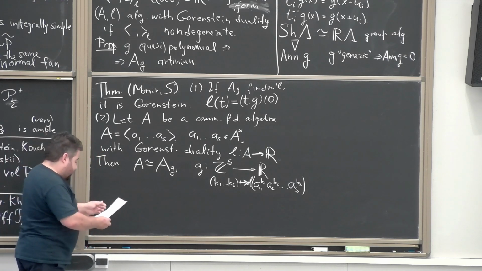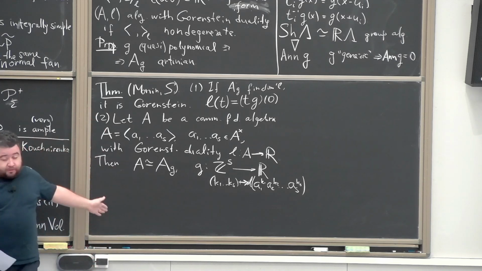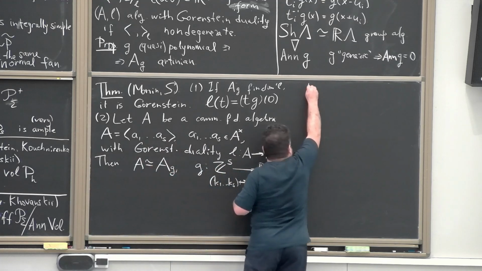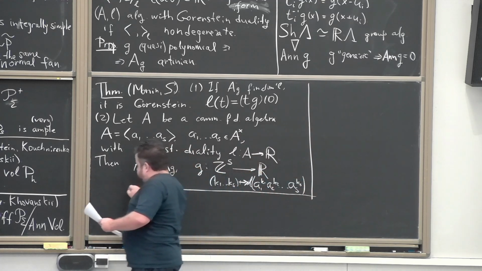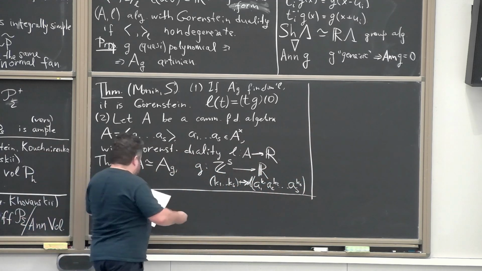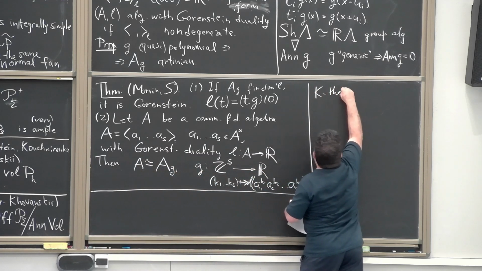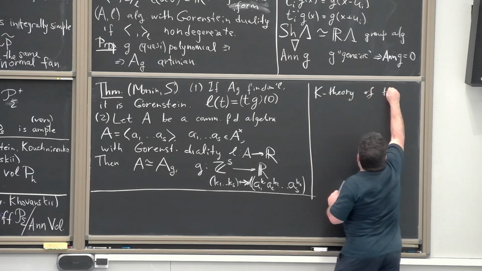So this tells me that this construction really produces something valuable. Now I'll be brief about K theory of toric varieties.